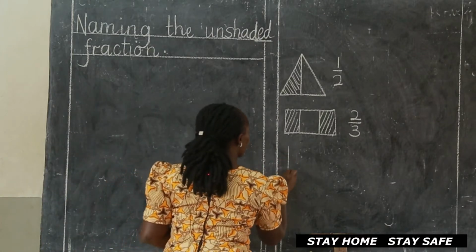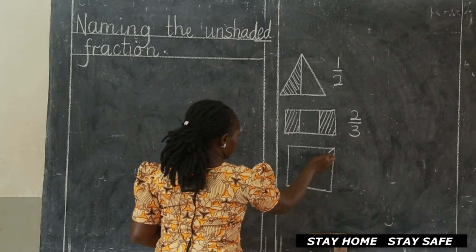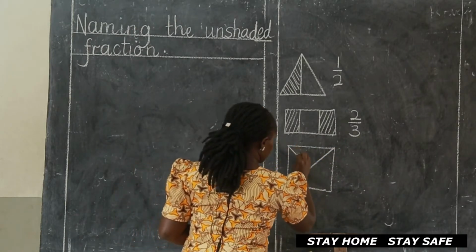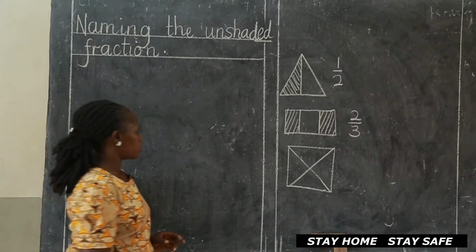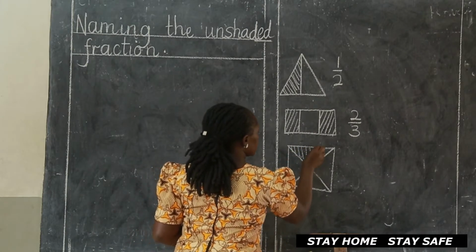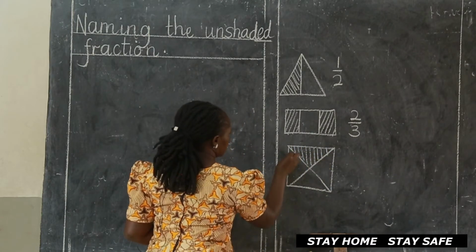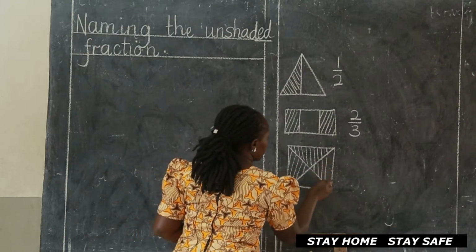I have another one. Let me divide it into 4 parts. Now, I'm going to remove this part, this part, and that one.